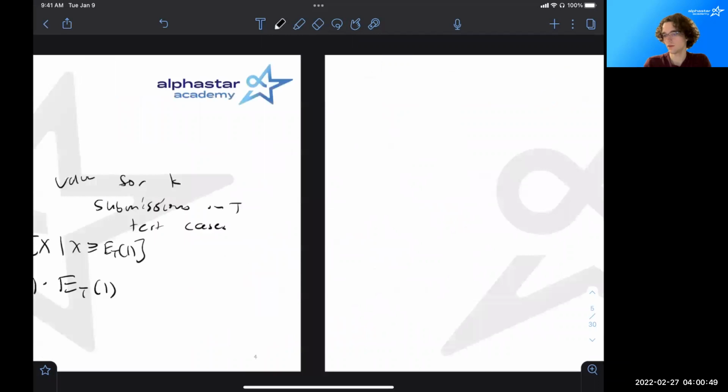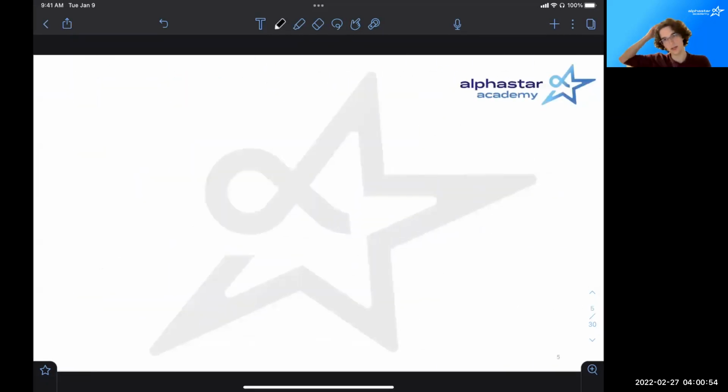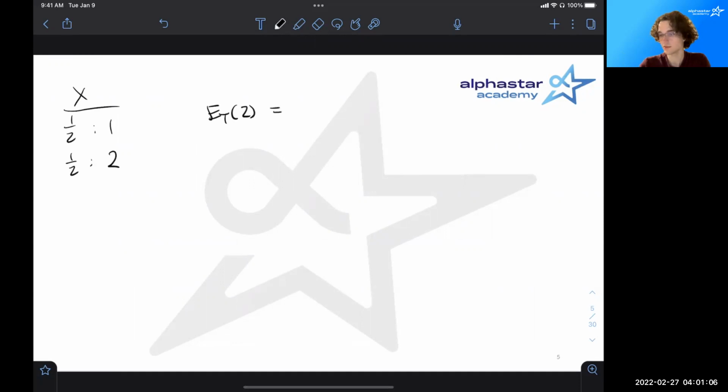So we can try this out in the sample. The probability distribution on x is a 1/2 chance of being 1 and a 1/2 chance of being 2. So E of T of 1 equals 1.5.